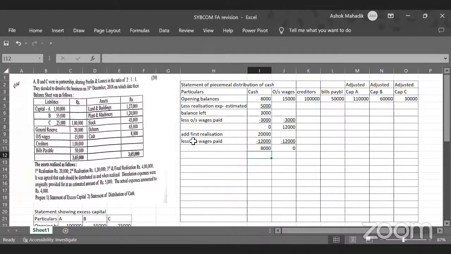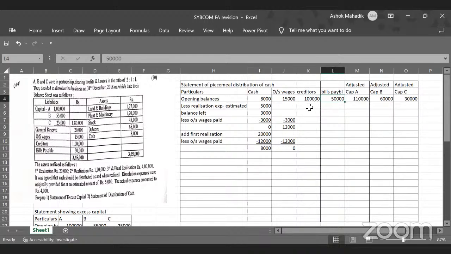Can you tell me what is the proportion? 50,000 is the bills payable amount and 1 lakh is the creditors amount. Okay, so we'll pay in this proportion. Creditors are twice of your bills payable.